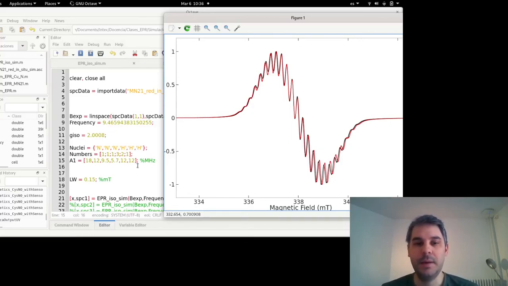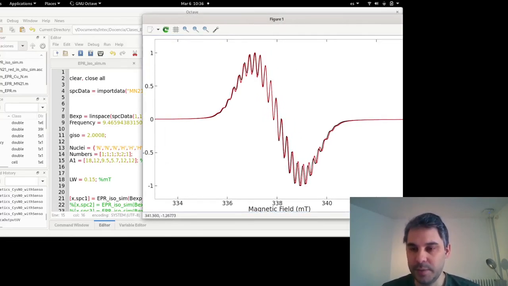But doing the approximation first manually, I think it is much more instructive, and also much less prone to error than just fitting spectra. You can get a lot of numbers which actually are not correlated with the real values in the molecule. So this was a not so trivial example.